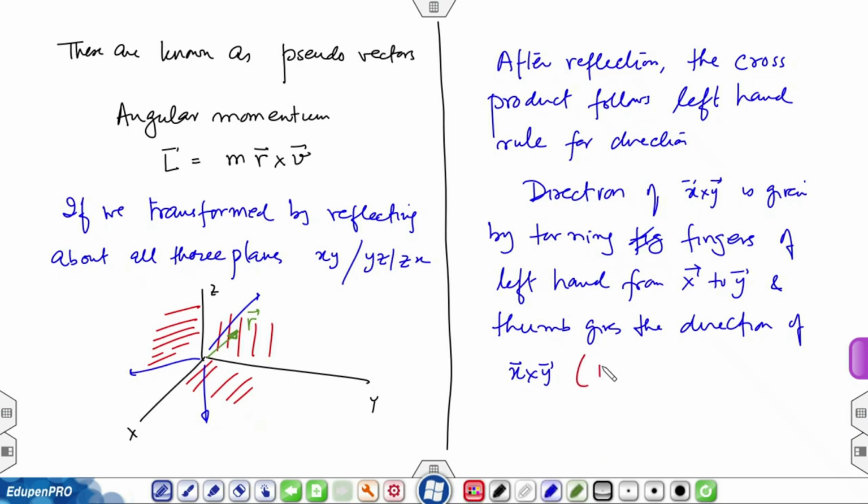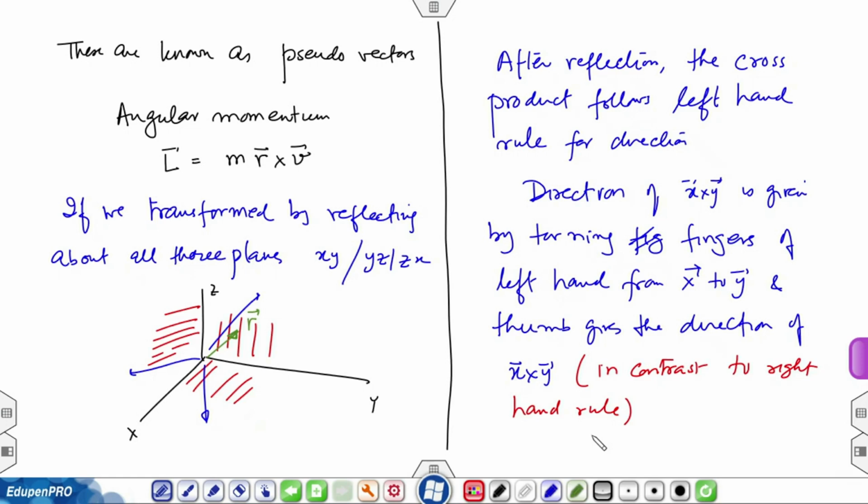This is in contrast to right hand rule, where this is done by right hand fingers.